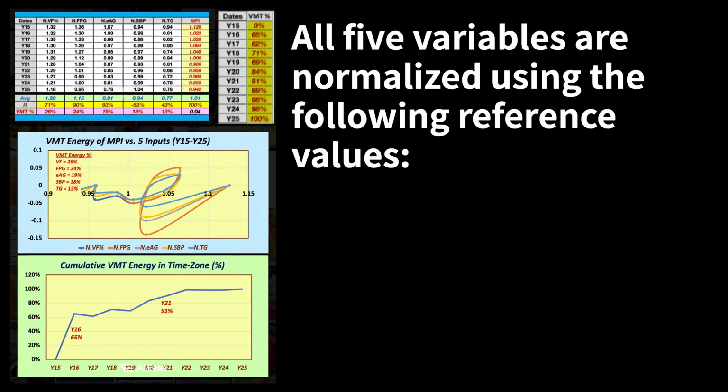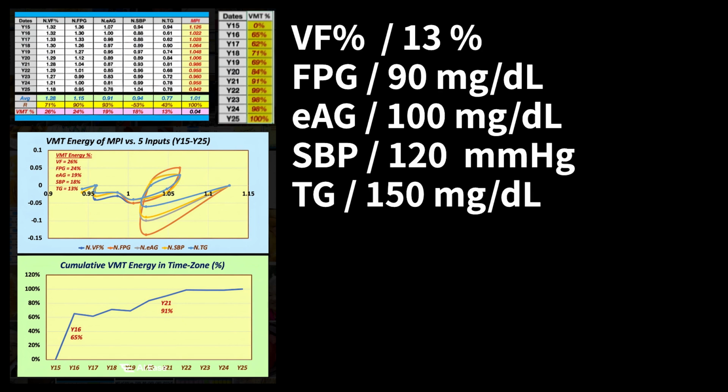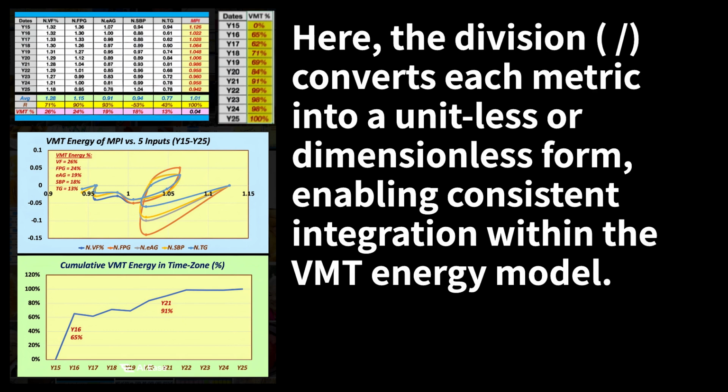All 5 variables are normalized using the following reference values: VF% divided by 13%, FPG divided by 90 mg per deciliter, EAG divided by 100 mg per deciliter, SBP divided by 120 mm mercury, mmHg, TG divided by 150 mg per deciliter. Here, the division converts each metric into a unitless or dimensionless form, enabling consistent integration within the VMT energy model.